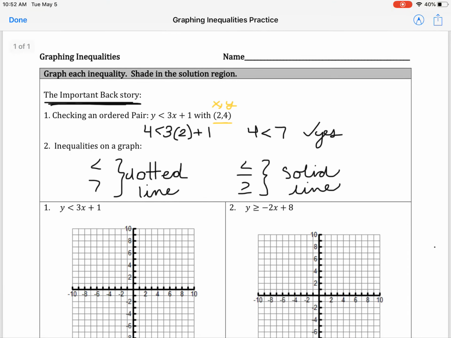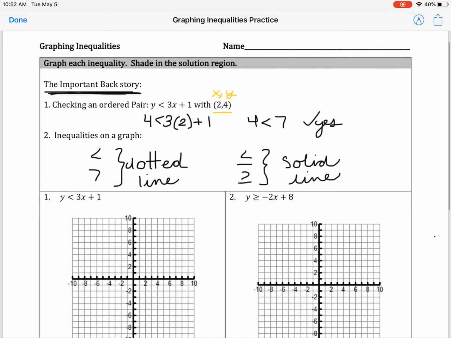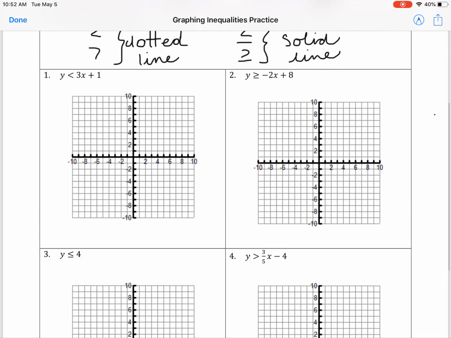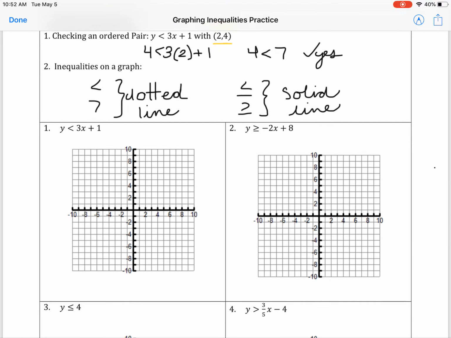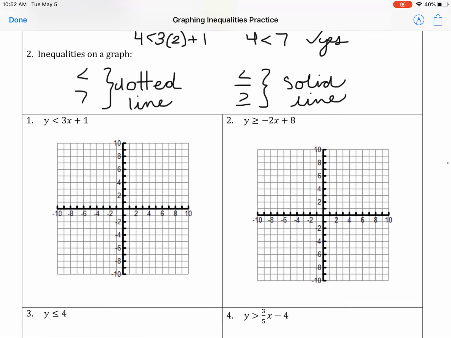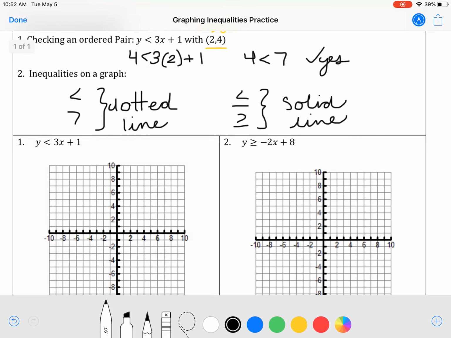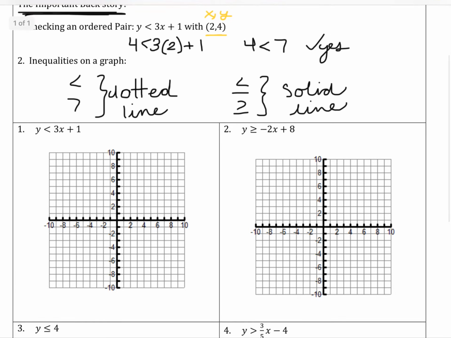So let's look at this first graph. I think this is one of those types of problems that you learn best by example. So I have these first two in here. Number 1, y is less than 3x plus 1. How can I represent this on a graph? I always start by graphing my line. I'm going to make life easy for you, and most of your examples are going to be in slope-intercept form.